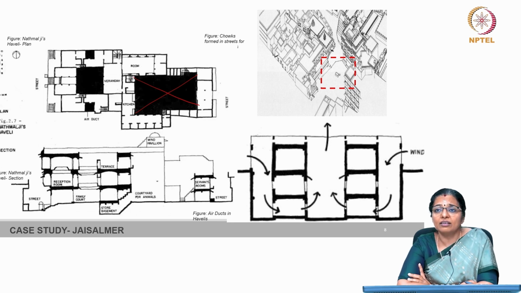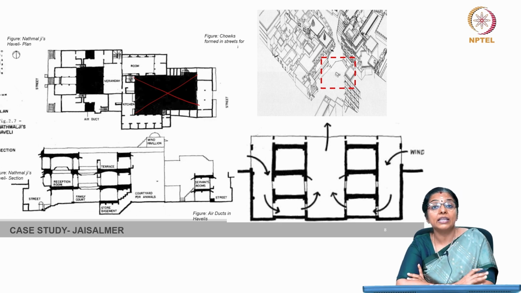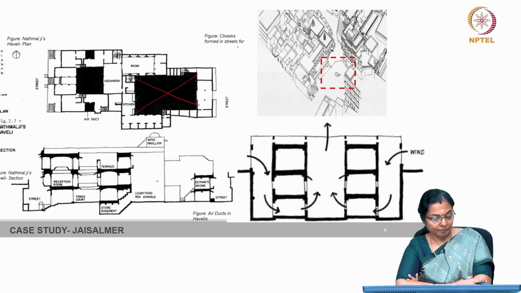So, the high thermal inertia of the massive stone walls, coupled with the wind deflecting shafts, effectively tempers the air before it reaches the living space. This process bears similarity to the cooling mechanism observed in the Iranian wind towers.